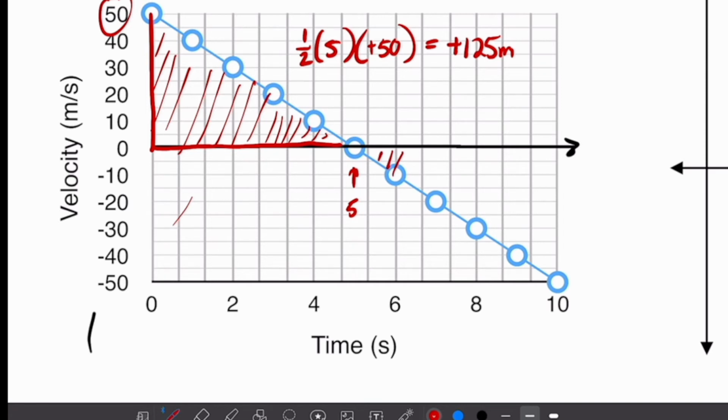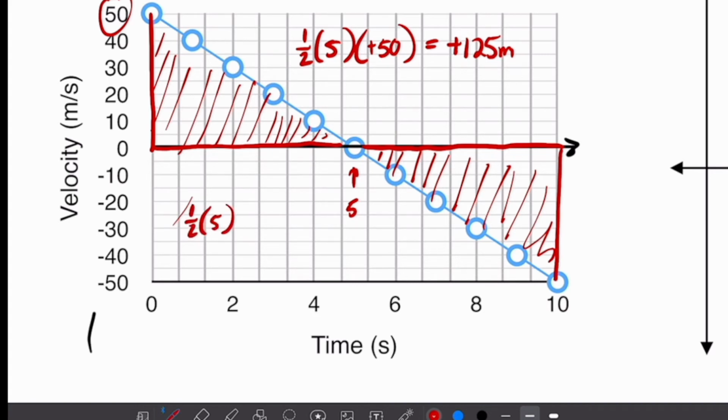But I'm thinking, here's some areas. Right there, that looks like another triangle. The base goes from 5 to 10. That's 5 again. And it goes to negative 50. So one half, 5 times negative 50, or negative 125 meters.